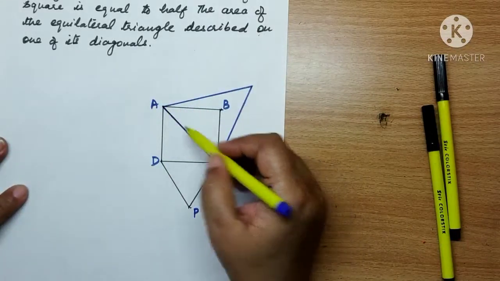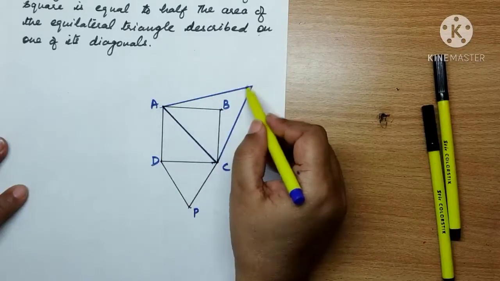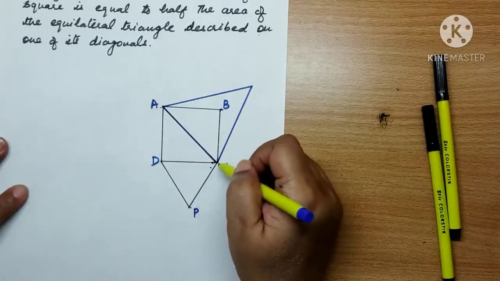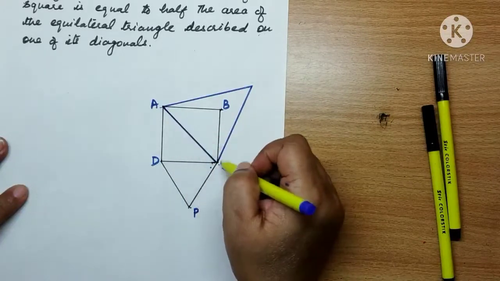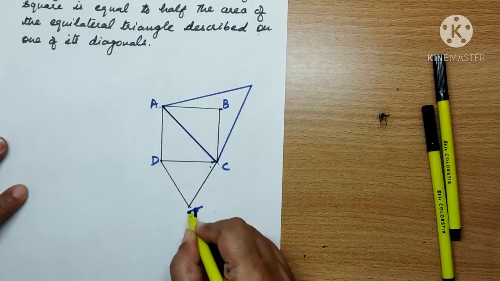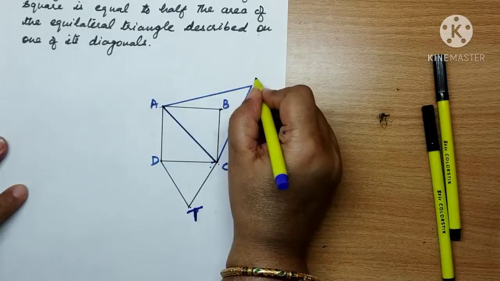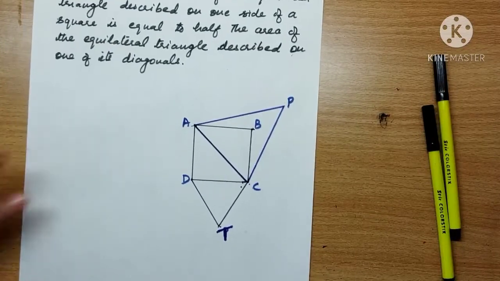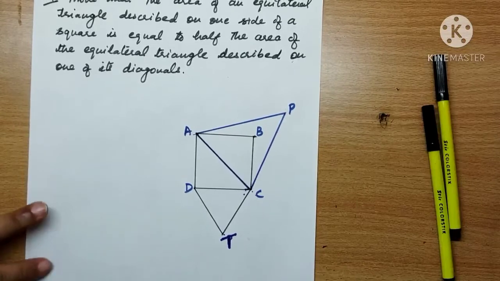So we have a square ABCD and an equilateral triangle DTC on one of the sides of the square, DC. AC is a diagonal, and on this diagonal I have made an equilateral triangle APC. So we need to prove the area of DTC is equal to half the area of APC. So let us use these terms.